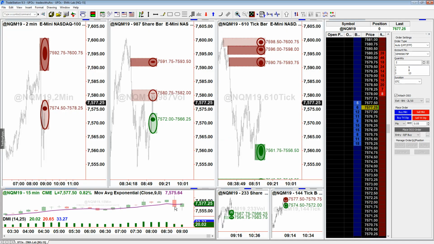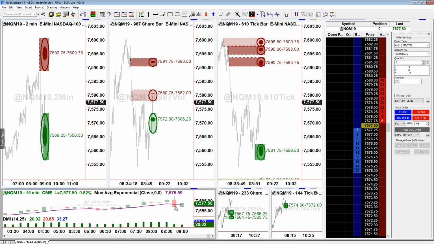Because if the market goes down, it's because the on-field orders to buy have been cancelled. So the algo will remove the green UFO from below, and next thing you know, instead of having a target which is 75.71, your target is going to be the next UFO, which may be 75.55, and now you have room to make 15 points instead of 1.